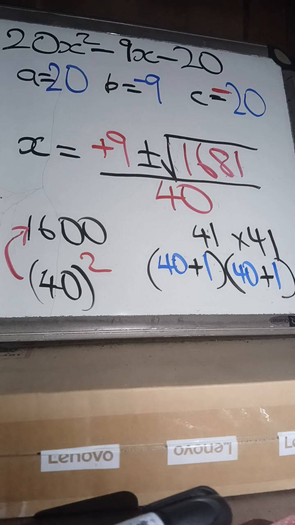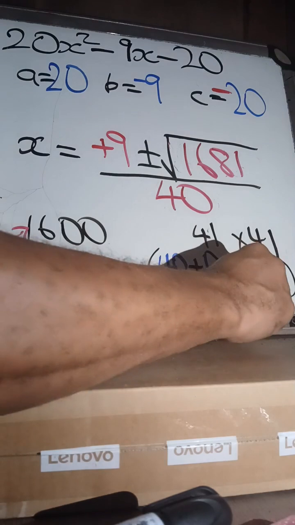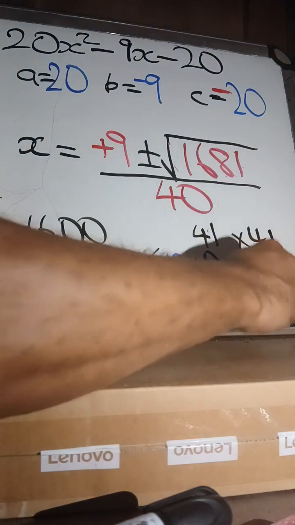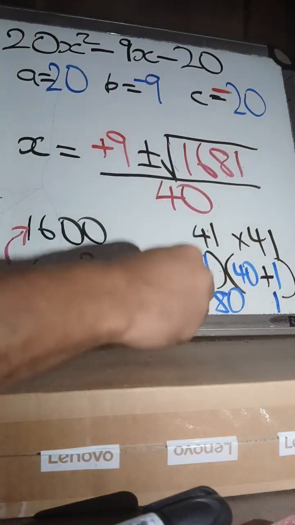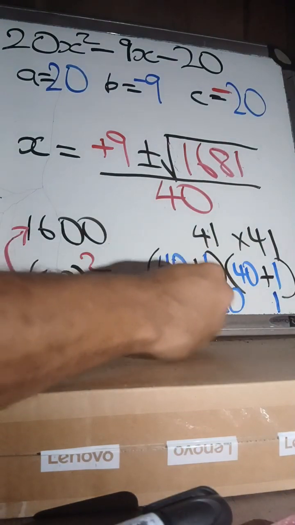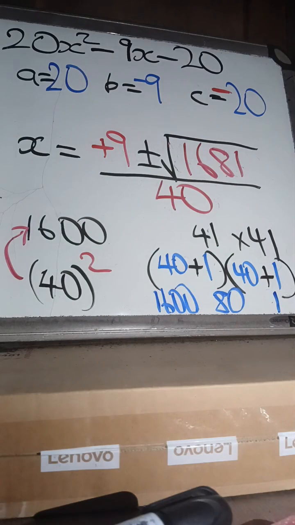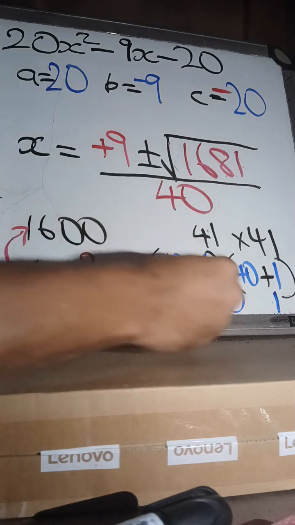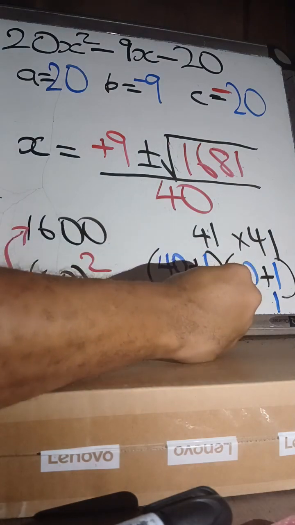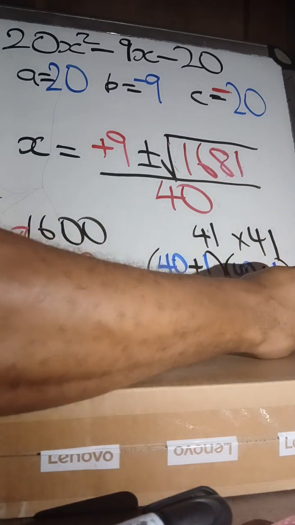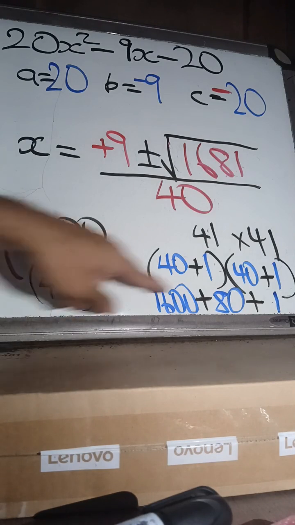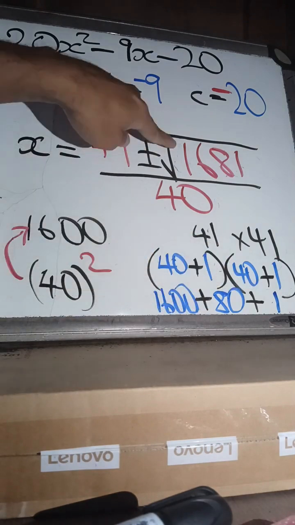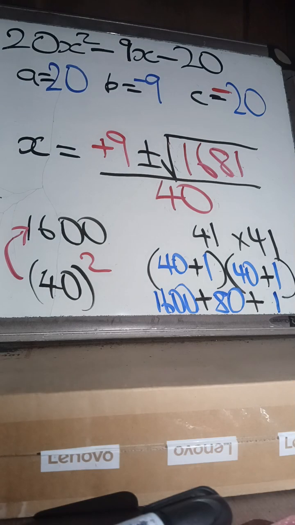So the middle term is going to be 80. 1 times 1 is going to be 1. 40 times 40 is 1600. So we'll put the plus signs here. Now, we add up all of that, we get what? We get that.